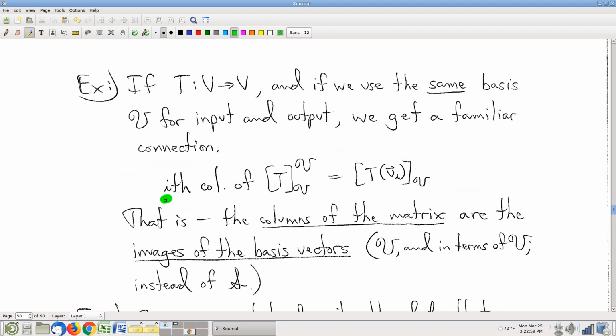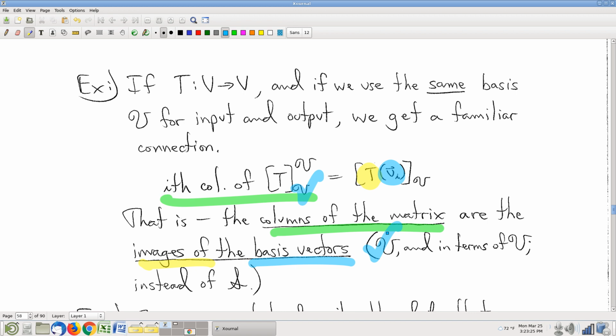Okay, so I claim that what we have here is really just a generalization of that fact. Notice the columns are the images of, well, let's see here. Well, the basis vectors. I'm going to just say the basis vectors. Now, which basis vectors? Well, the input basis, whichever basis you're using, of course. Now, how do you take vectors and make them columns?